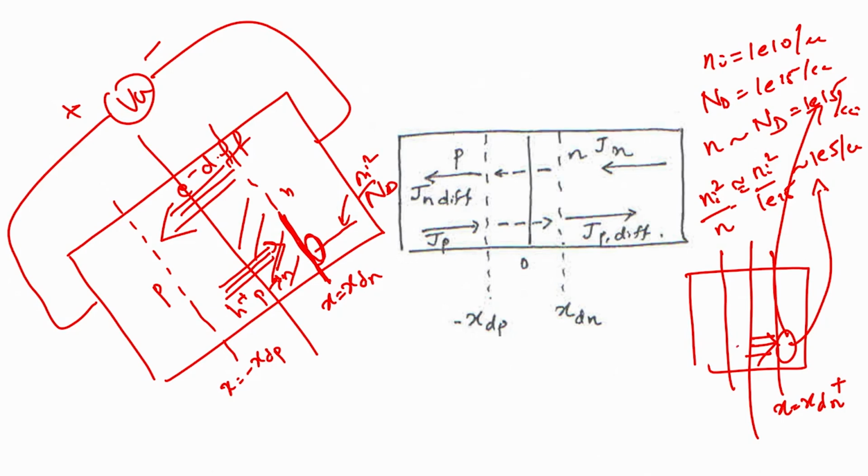They are going to move through the depletion region and they are all going to appear here at this interface. So, suddenly the hole population there, which was initially 1E5, is going to spike all the way up to a very large number, several orders of magnitude larger, and that number depends on the bias voltage, and we will see what that number is.